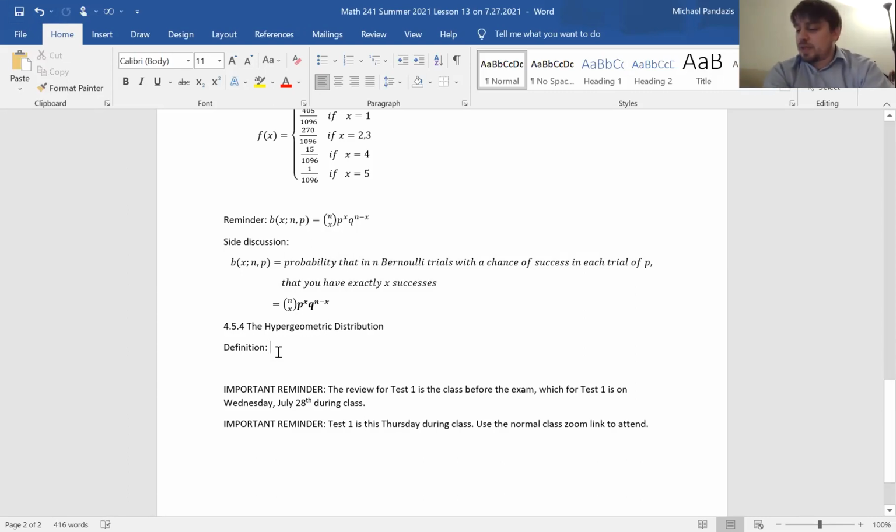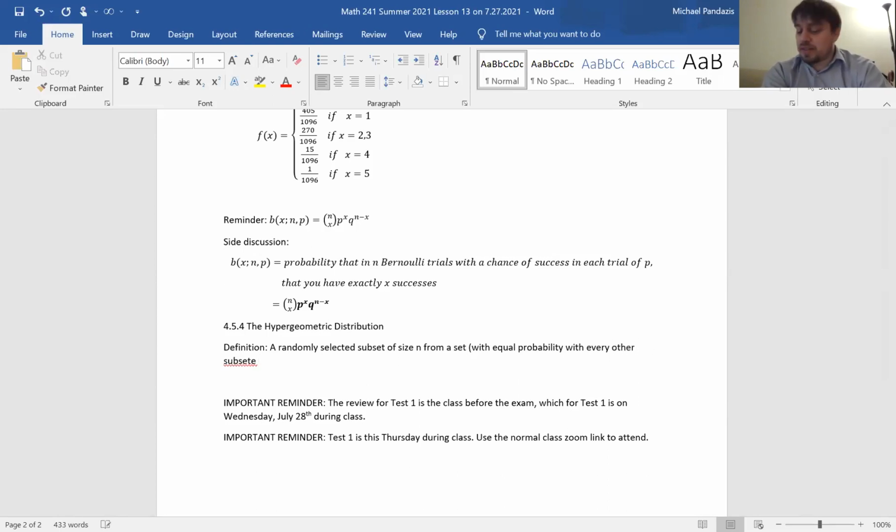Definition: a randomly selected subset of size n from a set, with equal probability with every other subset of size n, is called a sample of size n.